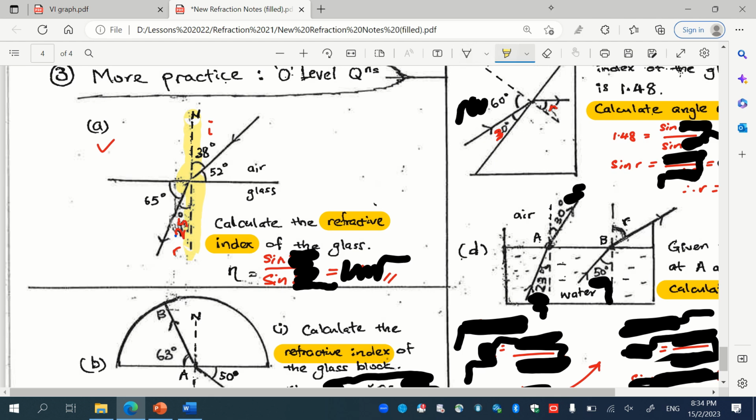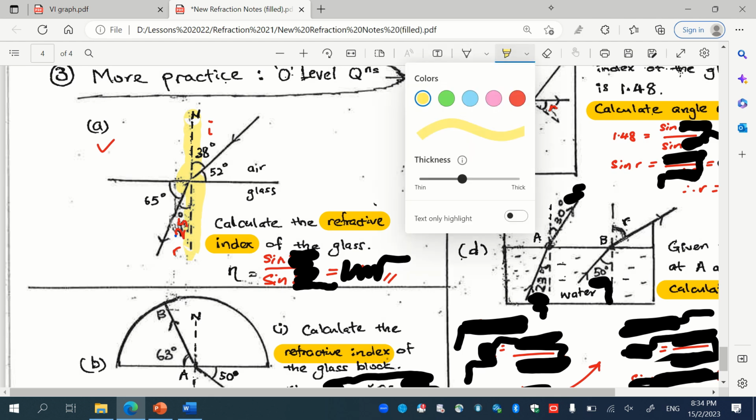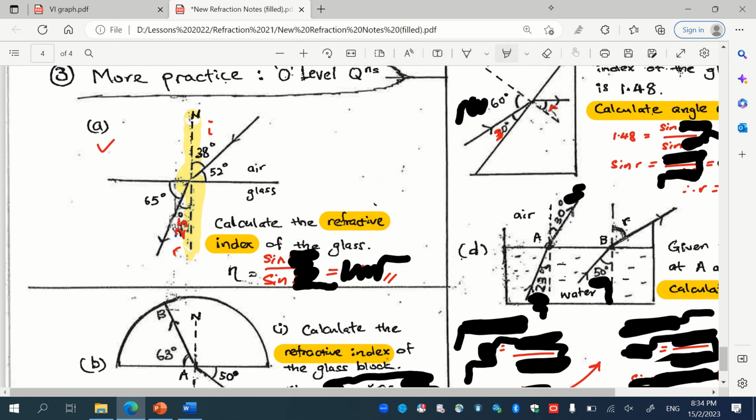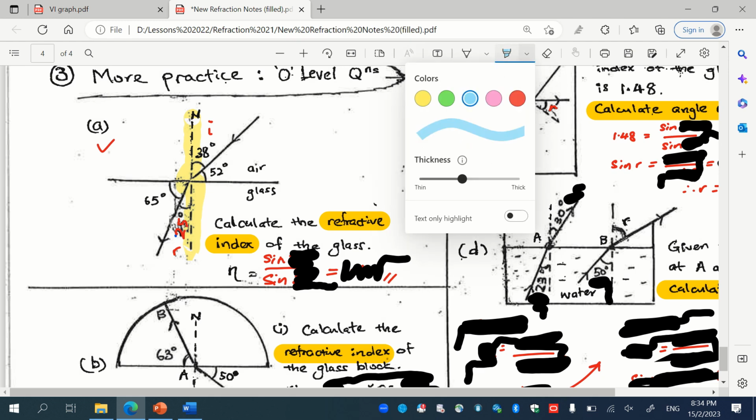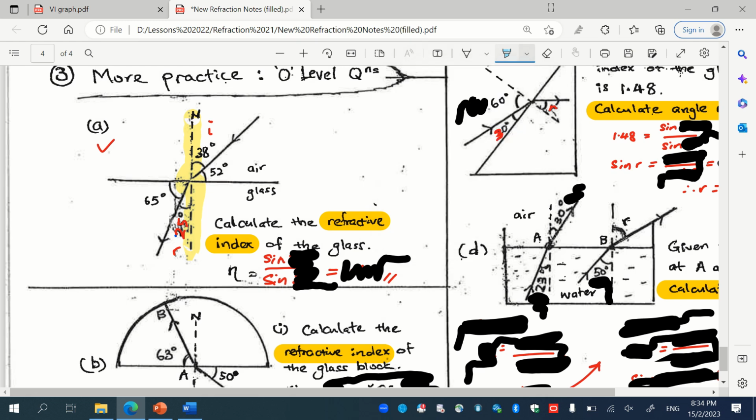Then number two, identify the incident and the refracted angle. The incident angle is between the incident ray and the normal line, then the refracted angle is between the refracted ray and the normal line.